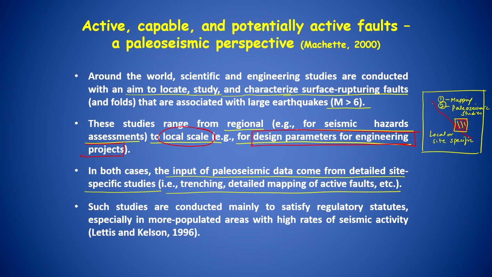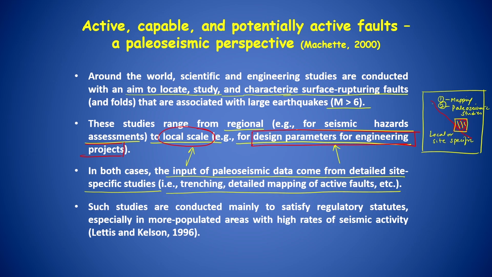Just doing the geomorphology part, to some extent we can say that will be a preliminary interpretation. But finally, if you need detailed site specific information, because you need design parameters, based on how much will be the ground shaking, what will be the magnitude, how much slip is expected on that fault, you have to do that at the local scale.